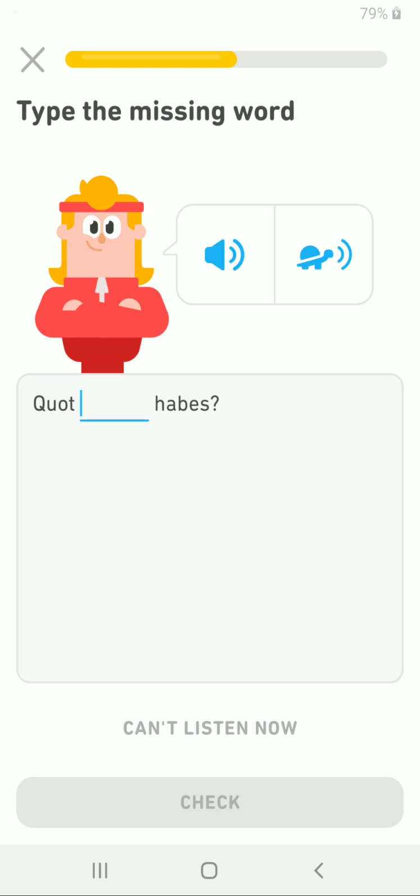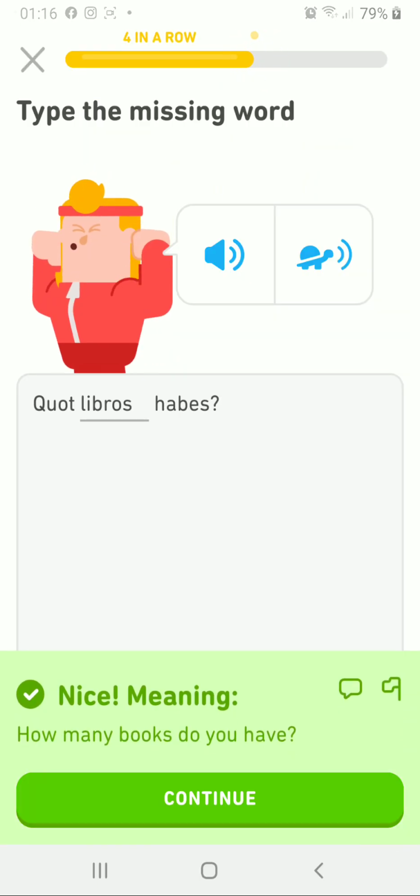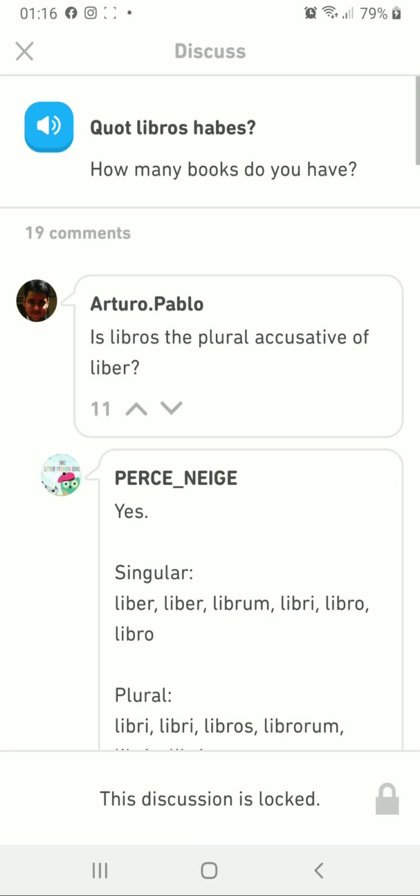Quot libros habes? Libros? Is it libros? Wow. Quot libros habes. So libros is a plural. Is libros a plural accusative of liber? Yes. So that's what they are saying here.